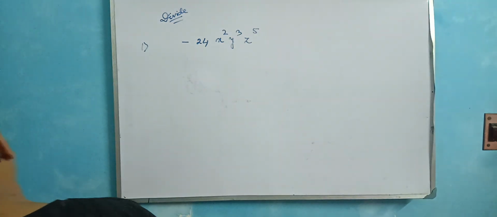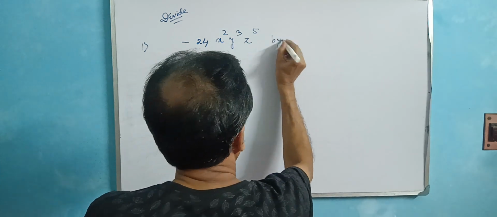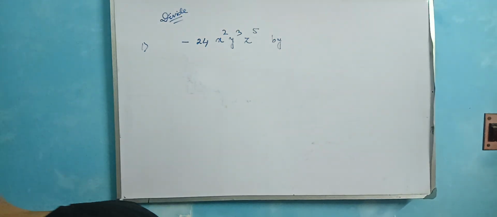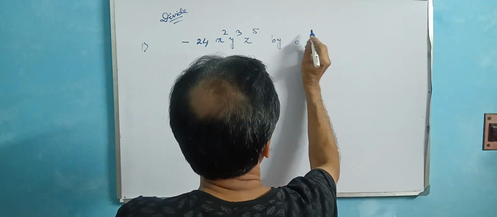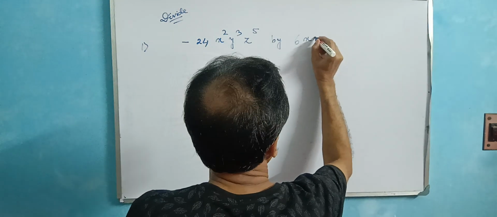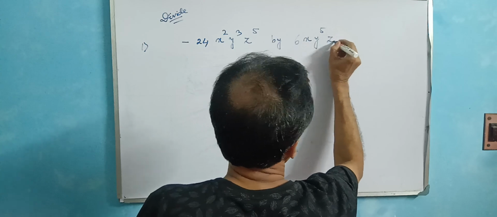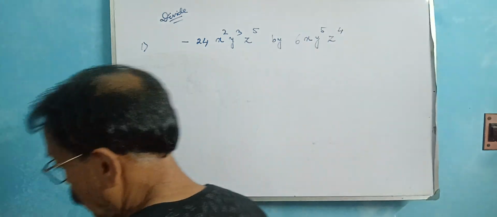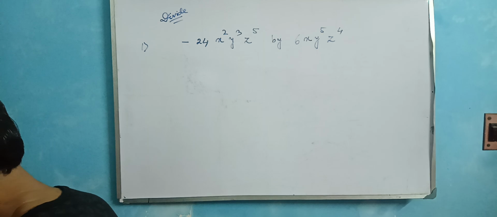Divide this by this 6x y to the power 5 and z to the power 4. Okay, so divide this. Very easy.